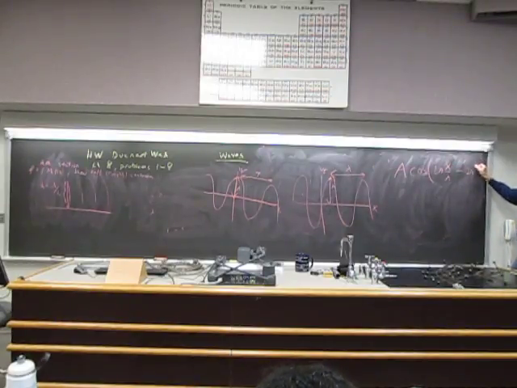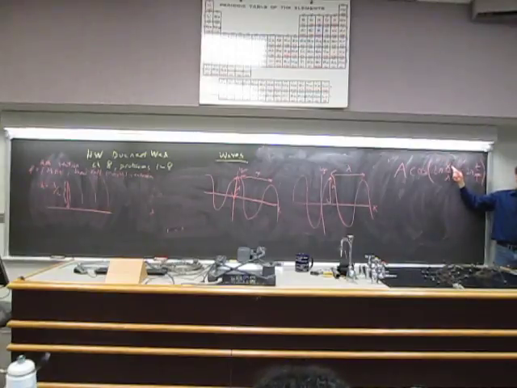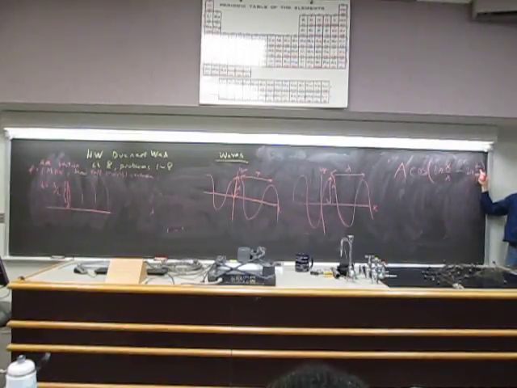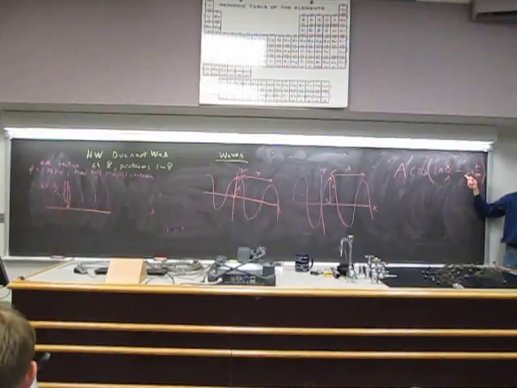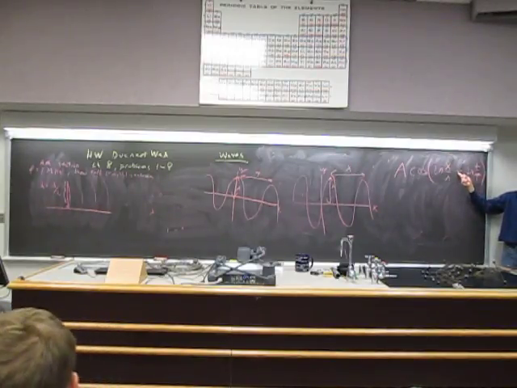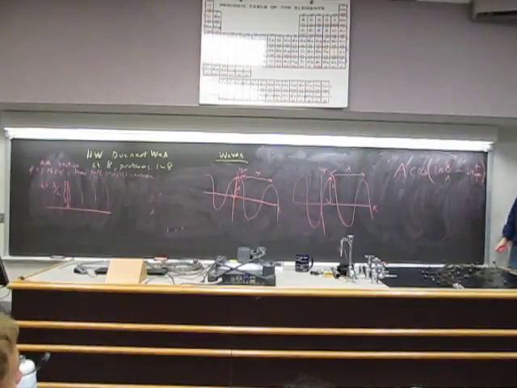So I can combine these expressions like this. If I move in position by one wavelength, change this by 2 pi radians. If I move in time by one period, change this by 2 pi radians. This minus sign, I'll indicate what that means in just a second.